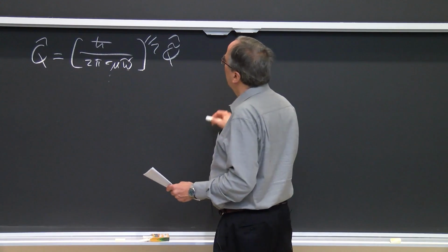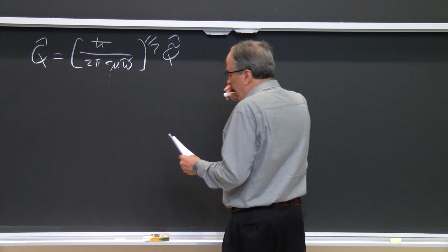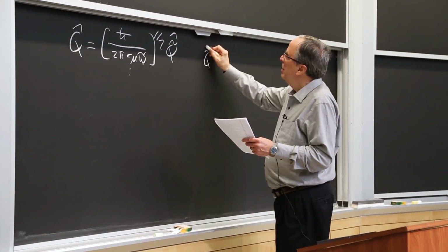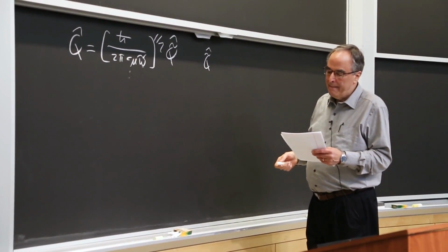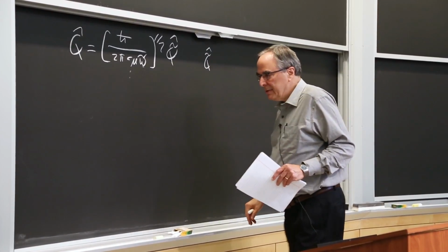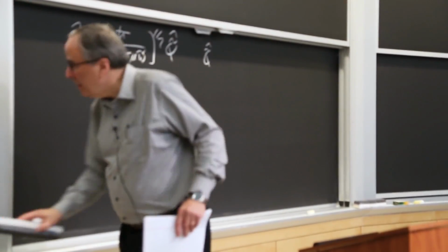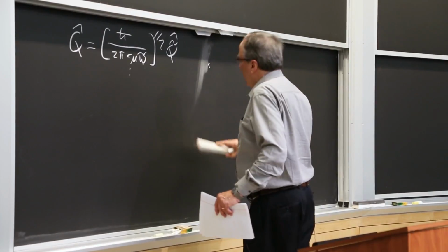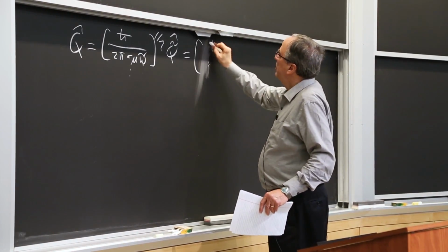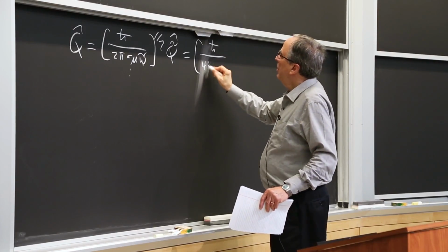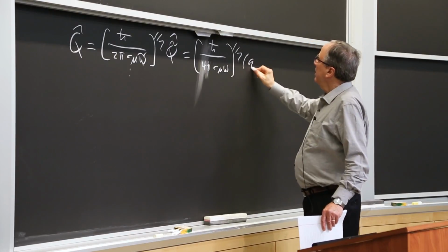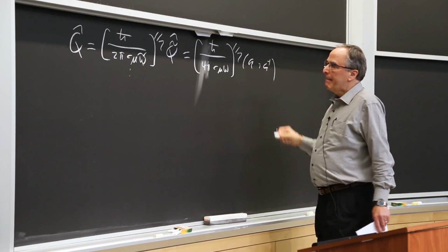And so we can go further and relate Q twiddle to, well, let's just not do that. We can relate this to the square root of h bar over 4 pi c mu omega times a plus a dagger.